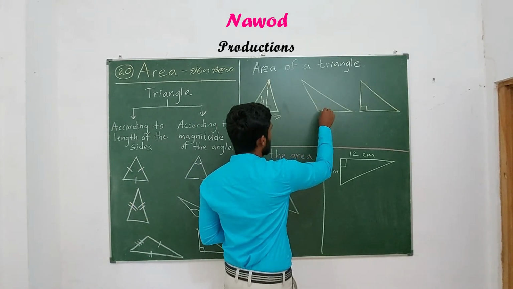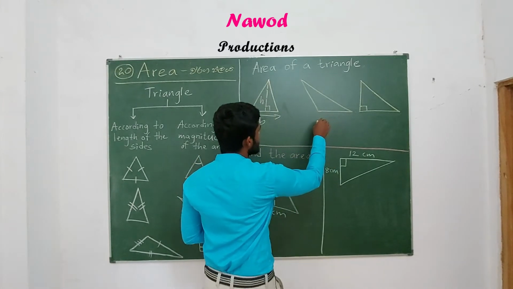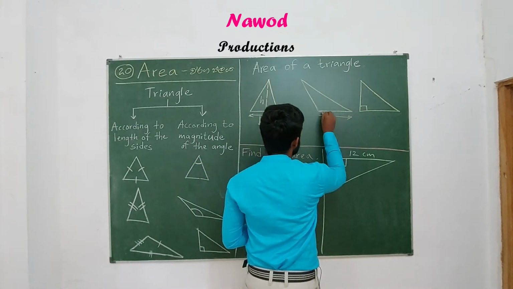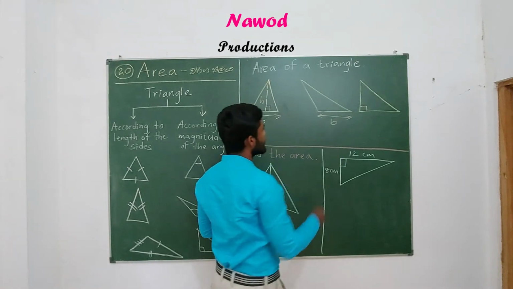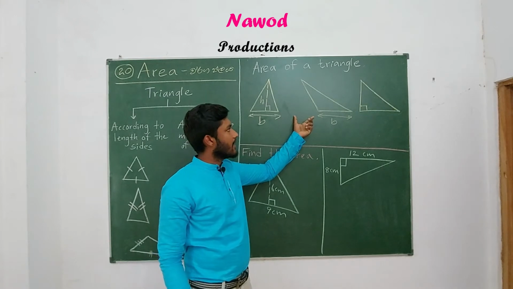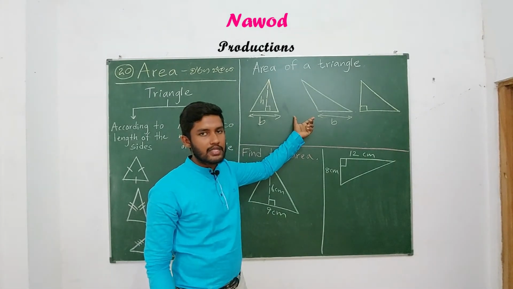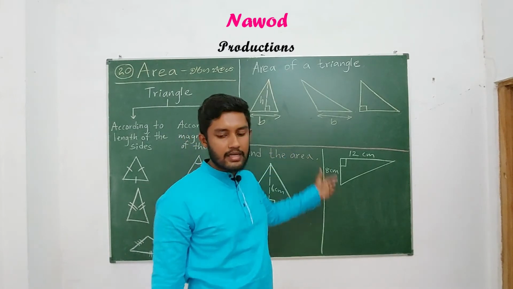Then we want to find the base here, and for the perpendicular height, we want to construct an external perpendicular height for this obtuse angle triangle.